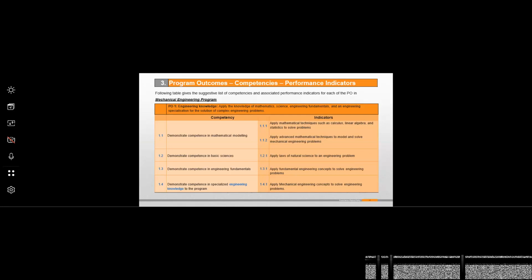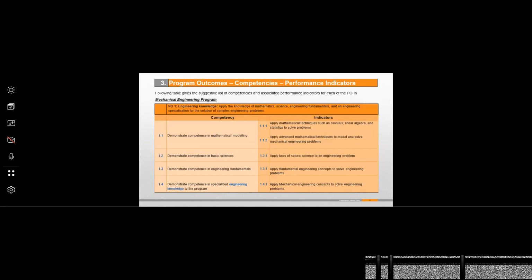One is that the student should be able to demonstrate competence in mathematical modeling, and in basic sciences also, because mathematics is involved, and demonstrate competency in engineering fundamentals. You can see all these competencies in the definition of program outcome 1. Can you see?